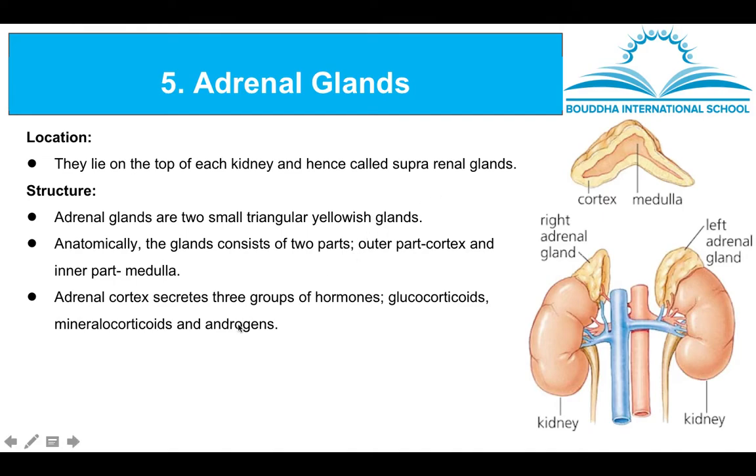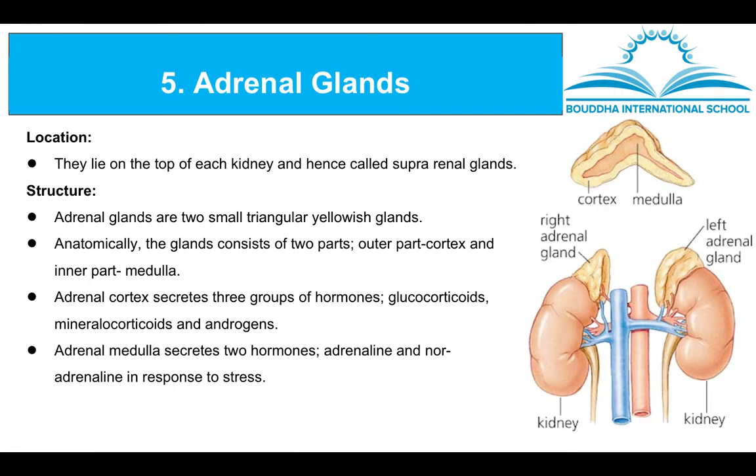The cortex produces three types of hormones: glucocorticoids, mineralocorticoids, and androgens. Similarly, the medulla region produces two hormones called adrenaline and noradrenaline, and these hormones are produced during stress.